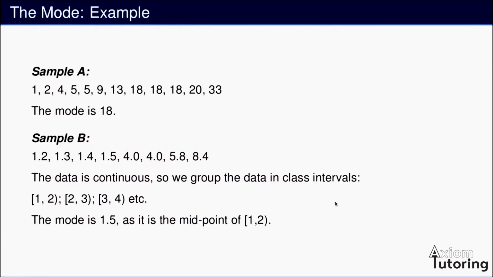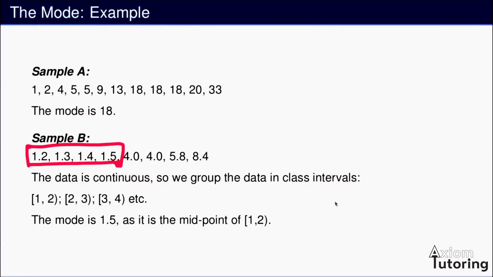But now, if we look a bit closer at the data, we can see that there are a lot of values between 1 and 2. There are 4 of them, and there are only 2 values that are exactly 4. If we grouped the data in class intervals, let's say from 1 to 2, from 2 to 3, from 3 to 4, etc., we would find that the most common category is between 1 and 2, because you have 4 observations that fall between 1 and 2.